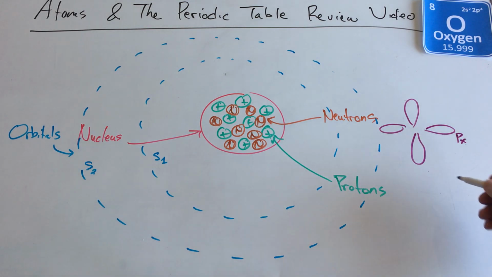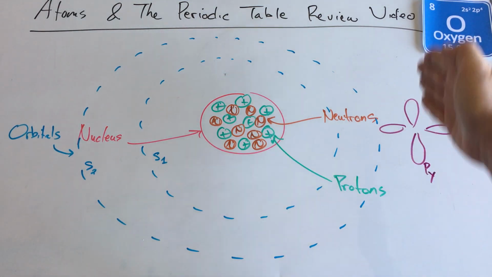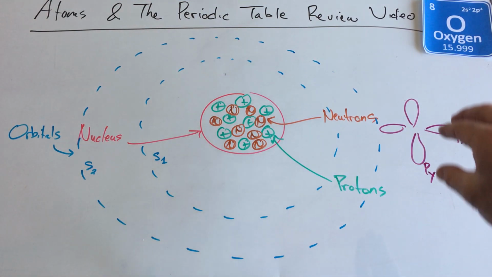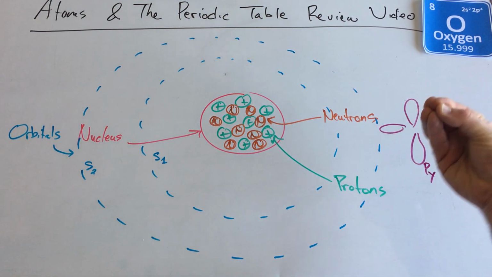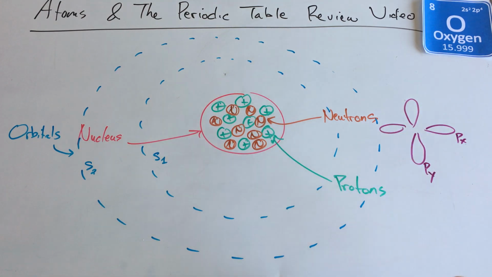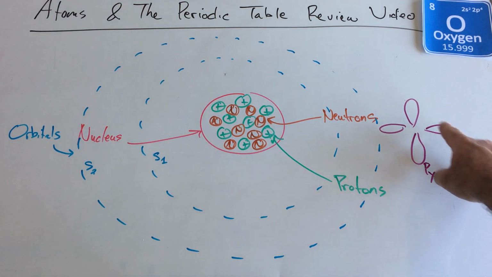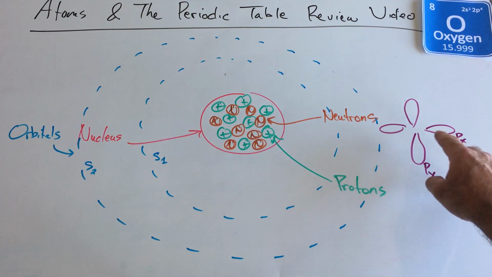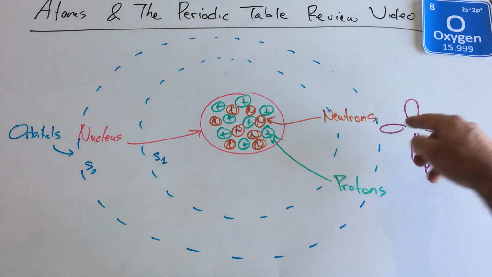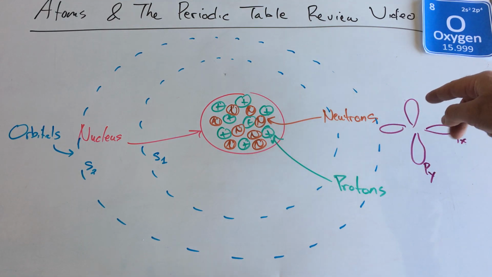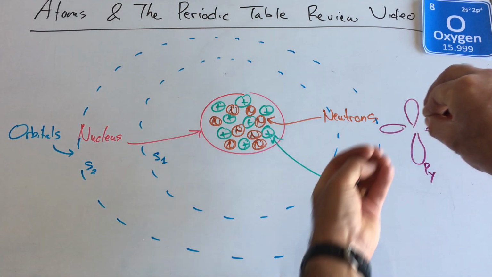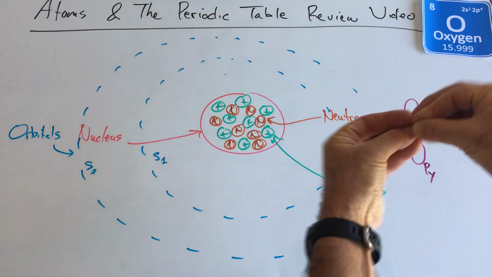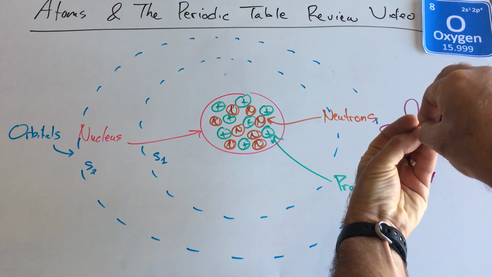This is called py because it would go along the y-axis. And then there'd be one that would stick up, and one that would go behind the board, and that would be called pz. So there's only 3 p orbitals, even though they come in 6 different lobes. These two are px, these two are py, and the one that sticks up and the one that sticks behind make up a pz orbital.